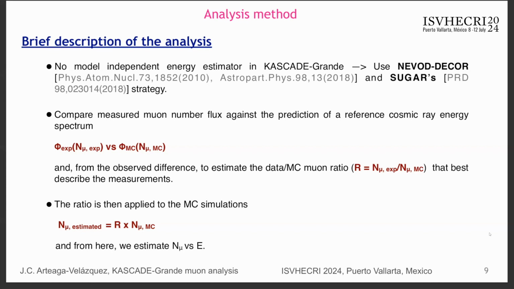So by using these differences, we can get a restriction on the relative ratio of the number of muons in the data and in the Monte Carlo simulations. We extract this ratio and apply it directly to the Monte Carlo simulations. And from this corrected Monte Carlo, which matches our data, we can estimate the number of muons as a function of the primary energy.